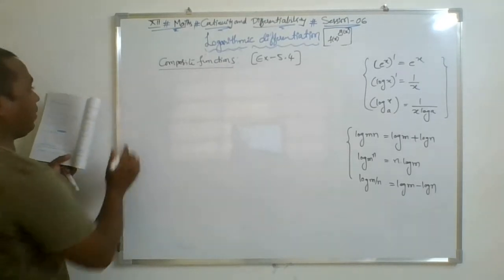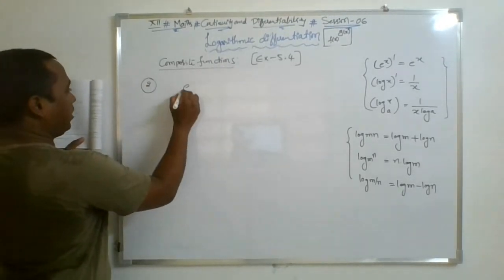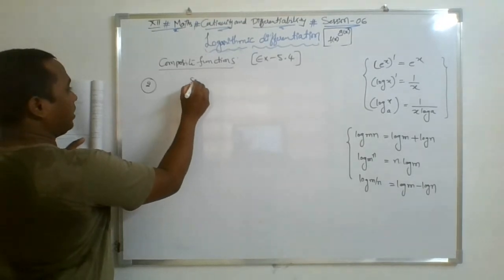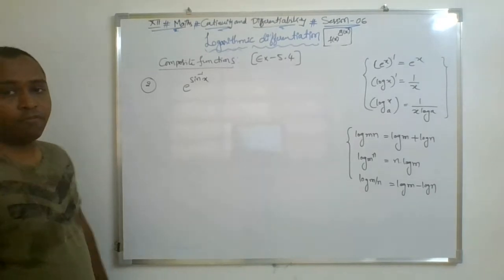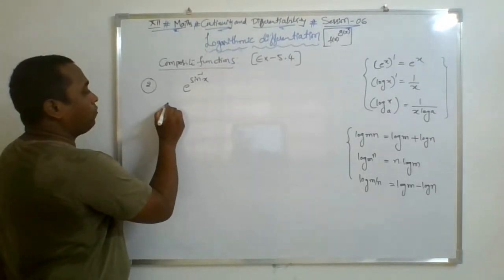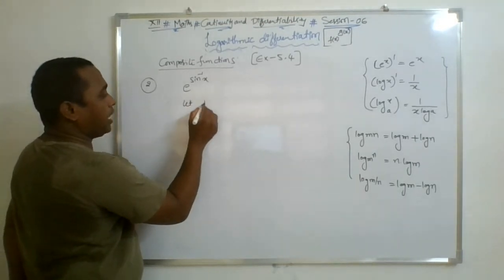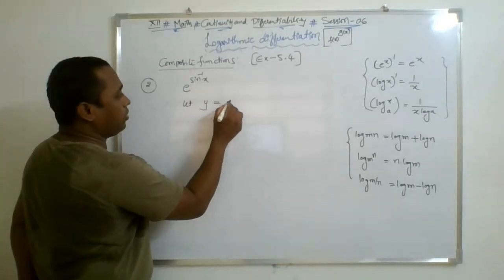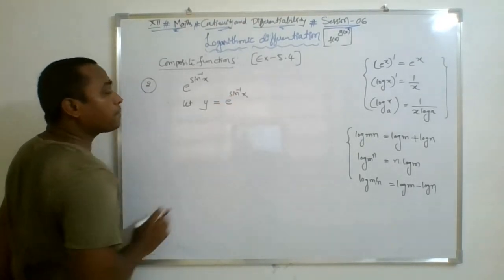See, we have a question. I am taking question number 2: e to the power of sine inverse x. We need to find the derivative of this function. First, let the function be y equal to e to the power of sine inverse x.